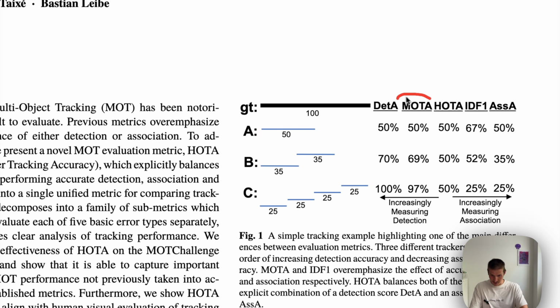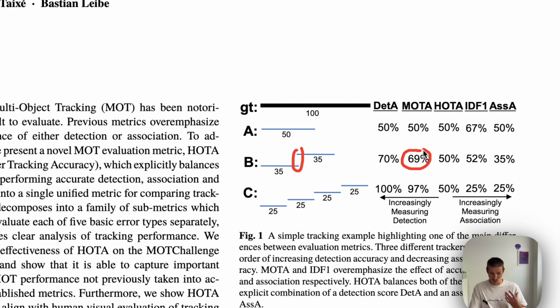And the actual MOTA metric that now uses this identity switch is actually almost the same. So in the first case, there is no identity switch, so MOTA is 50%. In the second case, there's just one identity switch. There it is. But it's only contributing to like 1% of the metric.